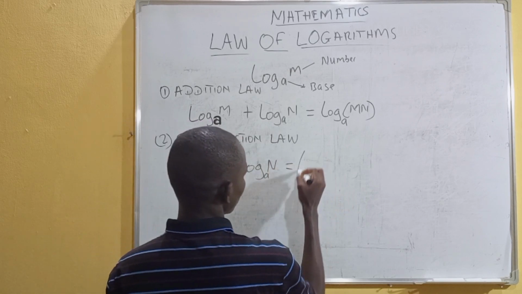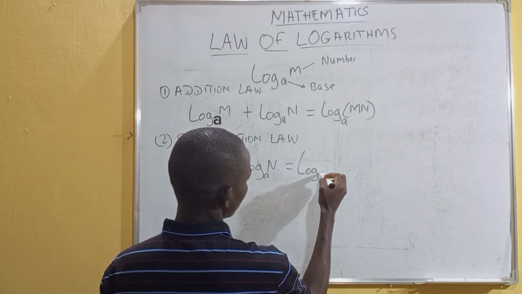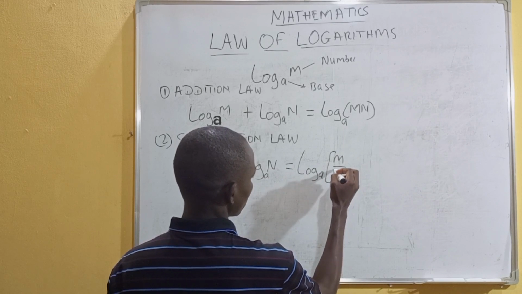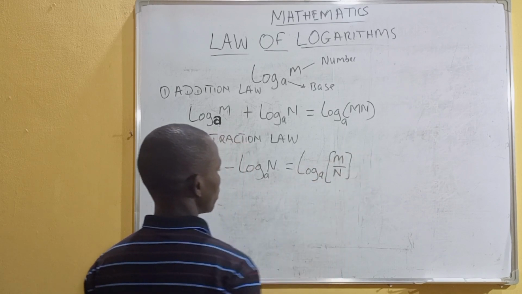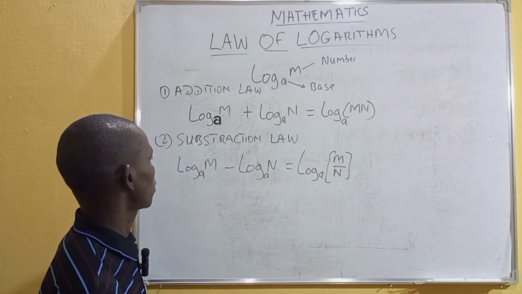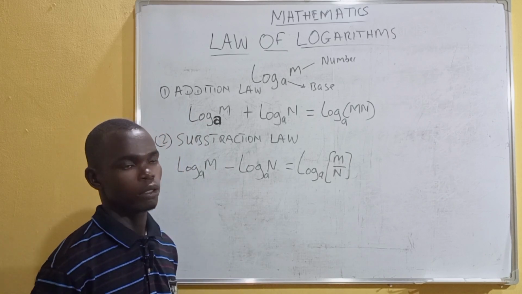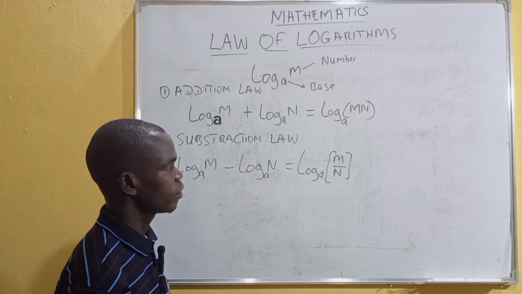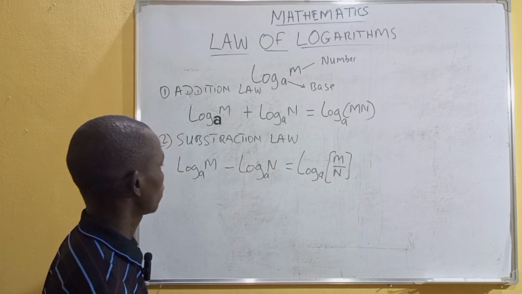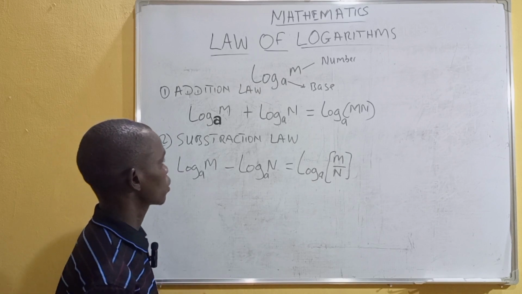This will be equal to log of the fraction m over n to the common base a. This is what we refer to as the subtraction law. The numbers are divided with the common base. So this is the subtraction law.